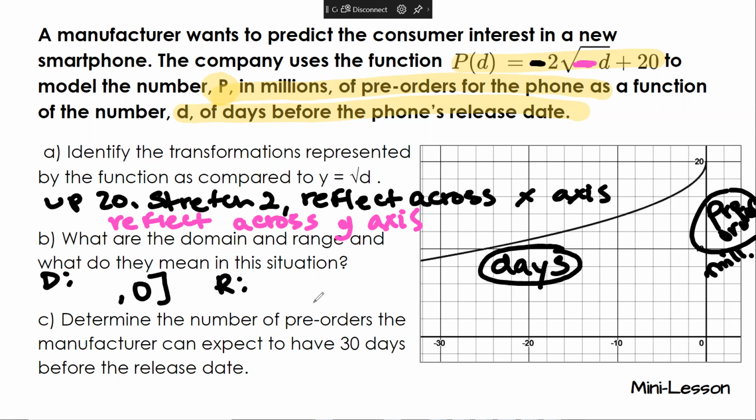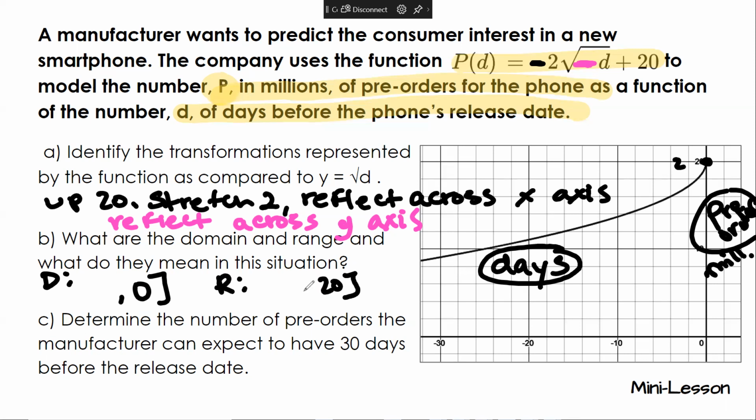Okay, let's think about this logically. The number of pre-orders. What's my highest Y value? Look at the graph. 20. Okay.